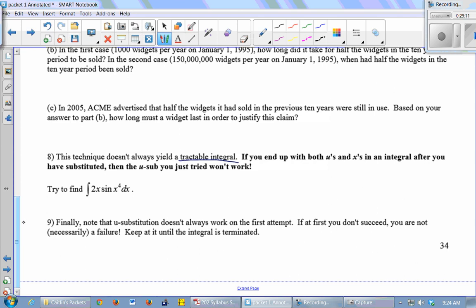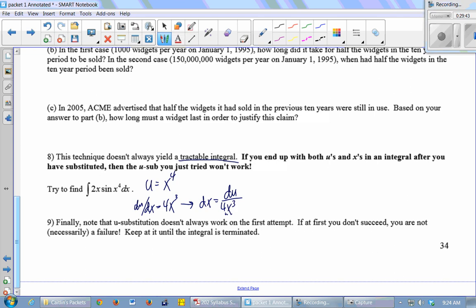so for example, here's one, 2x times the sine of x to the 4th. So if I were to try to use u substitution here, what might you choose as u? X to the 4th, yeah, sort of the innermost function. So then du dx would be 4x cubed, and that means that dx would be du over 4x cubed.